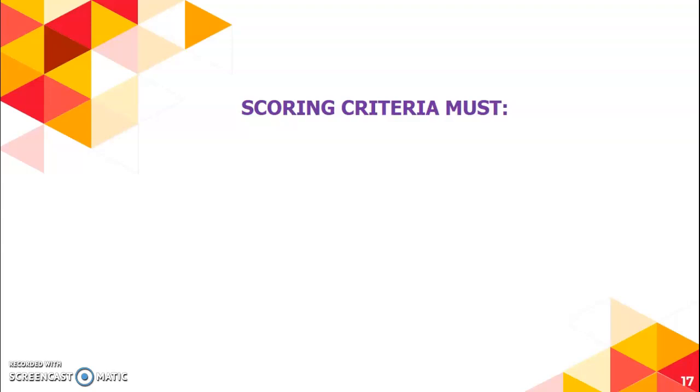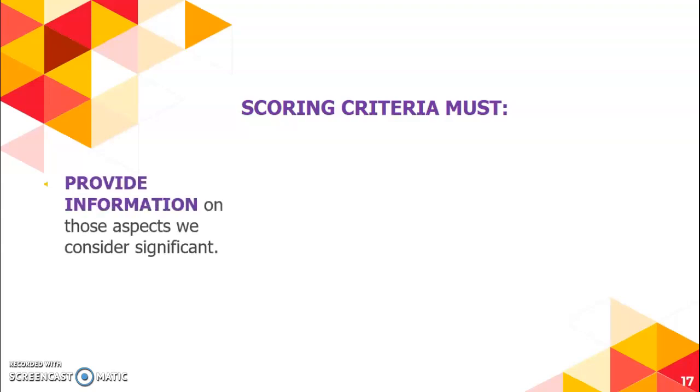And when creating or thinking about the scoring criteria that we're going to use to assess students' communicative skills, we need to provide information on those aspects that we consider meaningful or significant, such as fluency, grammar, vocabulary, due time and date.